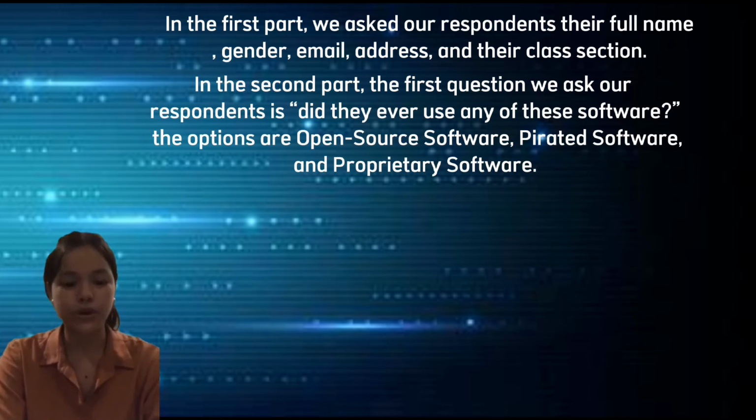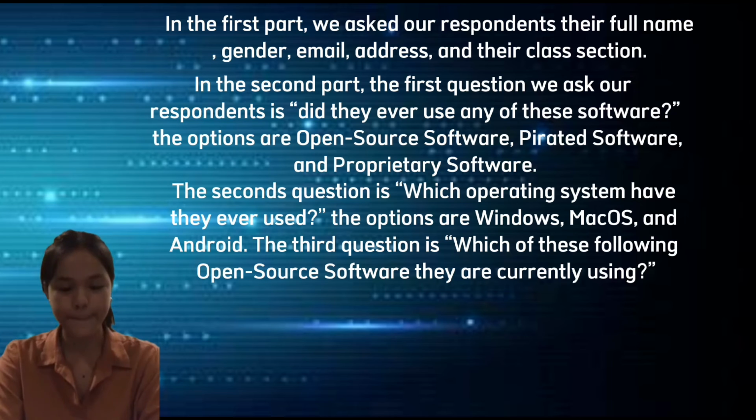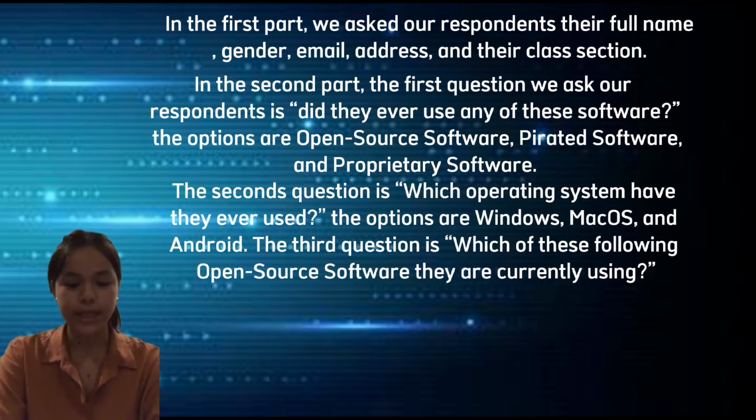The options are open source software, pirated software, and proprietary software. The second question is, which operating system have they ever used? The options are Windows, Mac OS, and Android.